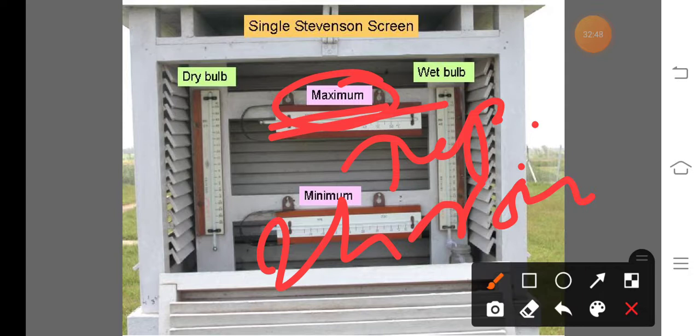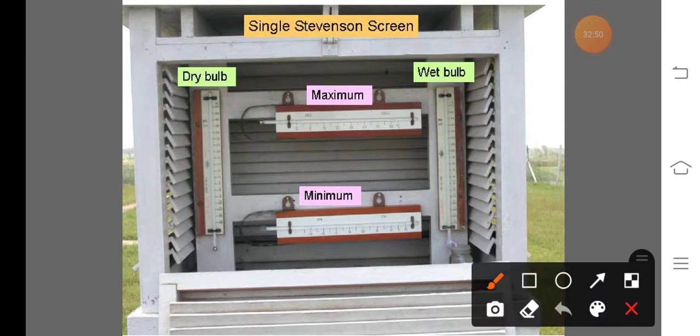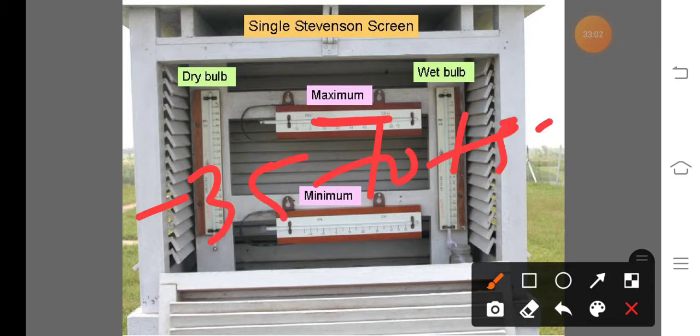That means this thermometer contains mercury, and the temperature range of this thermometer is minus 35 to plus 55 degrees Celsius.